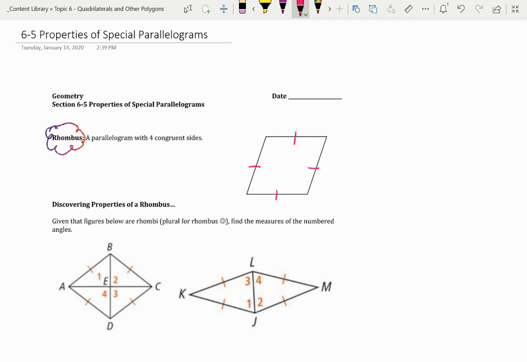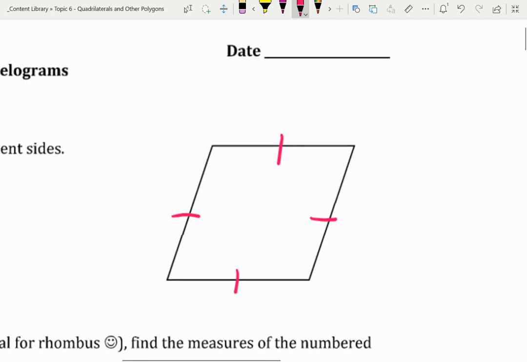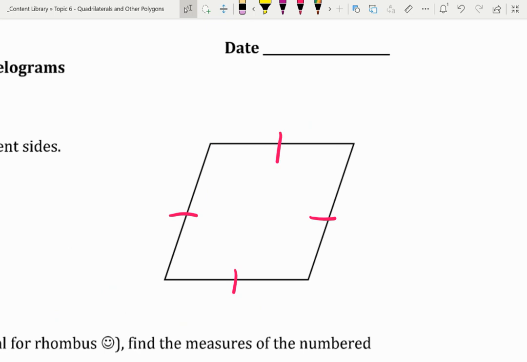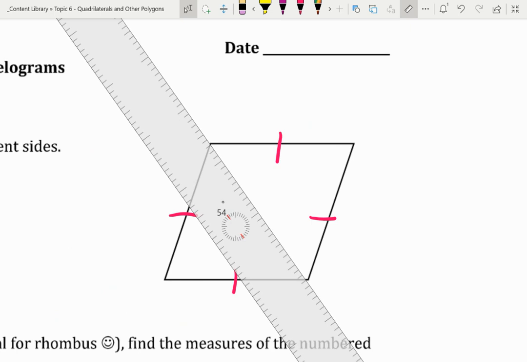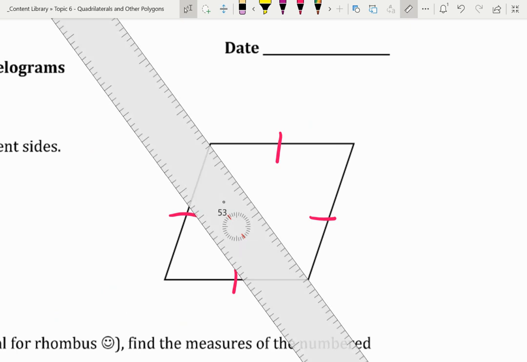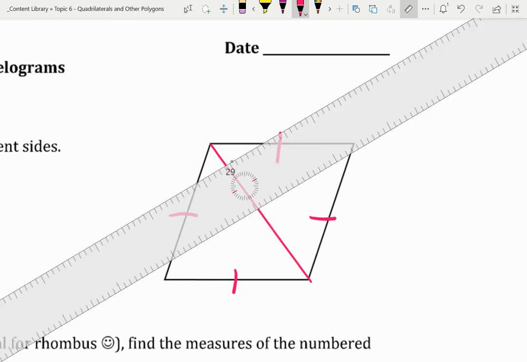Well, let's go ahead and talk about this rhombus before we do that. Okay. We can go ahead and draw some diagonals here. Please remember that this is a computer, so they might be slightly off.